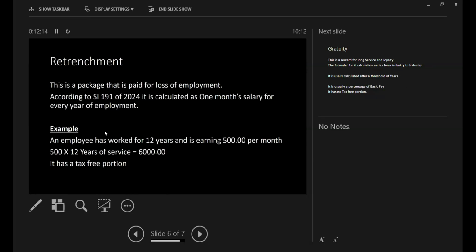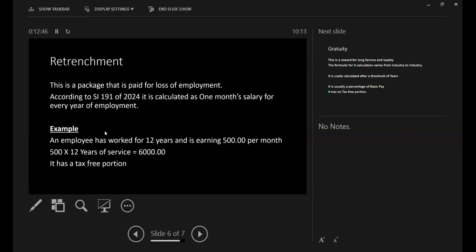When this package was introduced in 2015, it was calculated at the rate of 2 weeks for every year of employment. But it is now 1 month's salary for every year of employment. Please take note.